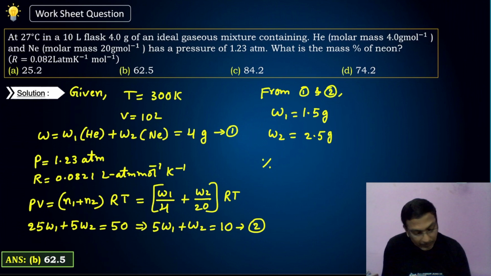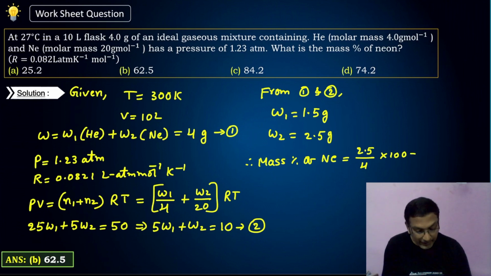Therefore, mass percent of neon will be equal to, so neon mass 2.5 by total 4 into 100.